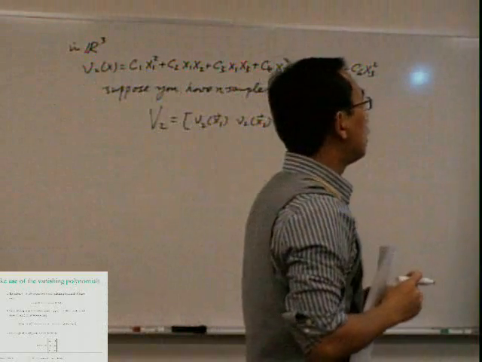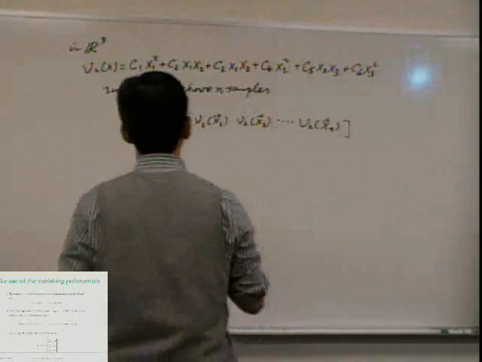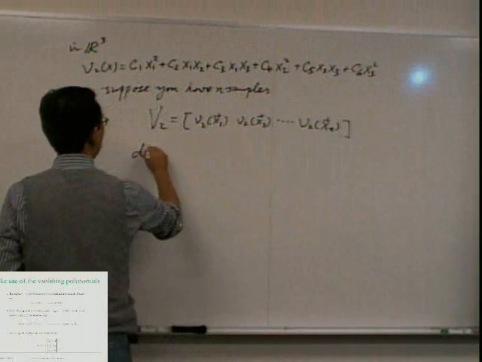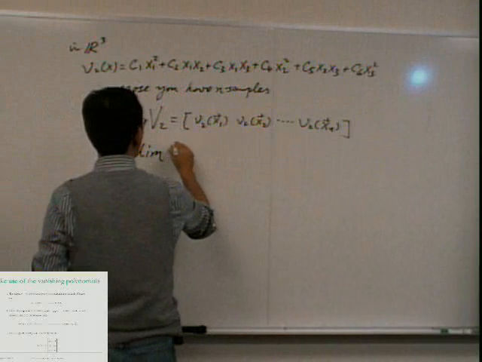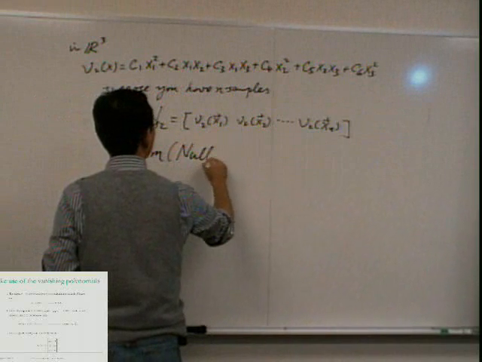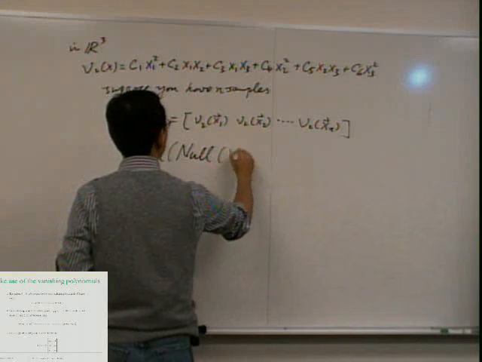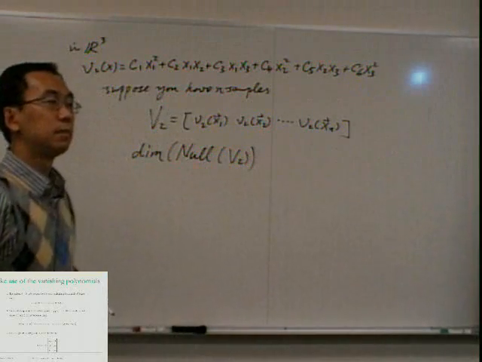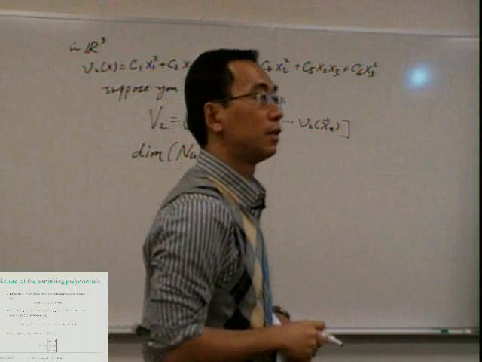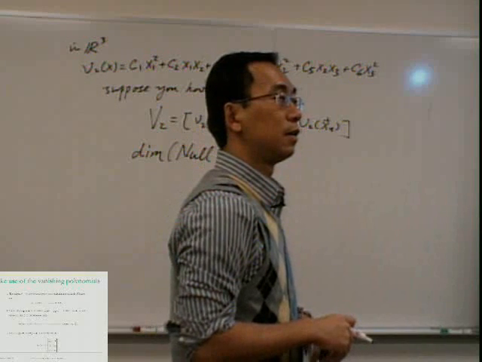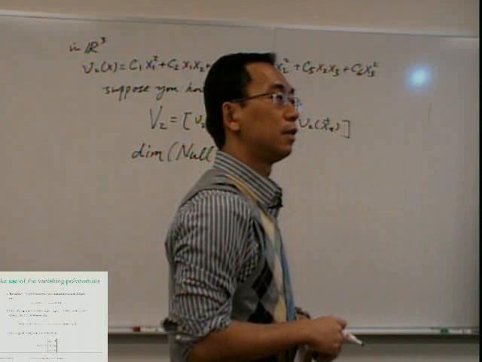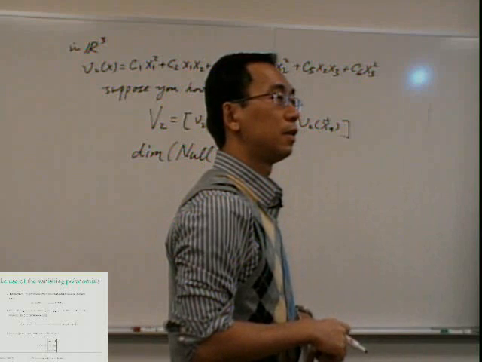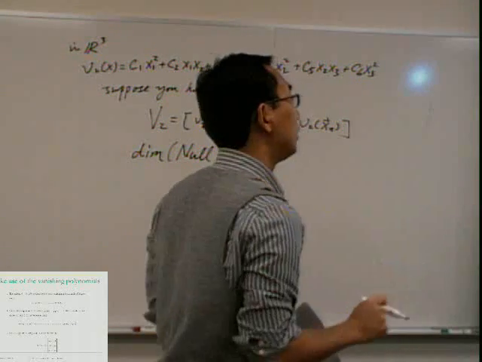What's the dimension of the null space of V2? Two.